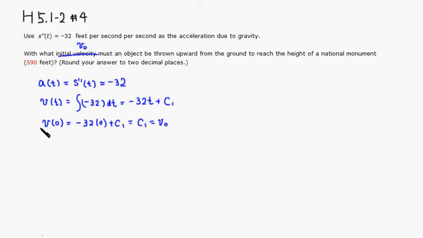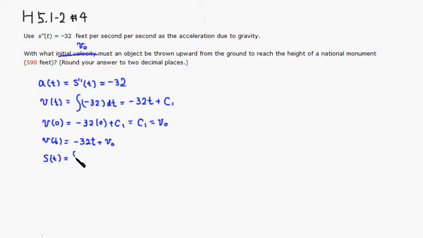So we have a complete formula for V of t: the velocity function is negative 32t plus V0, because C1 turns out to be V0. Then, since velocity is the first derivative of s, we can find the original function s of t by taking another antiderivative.